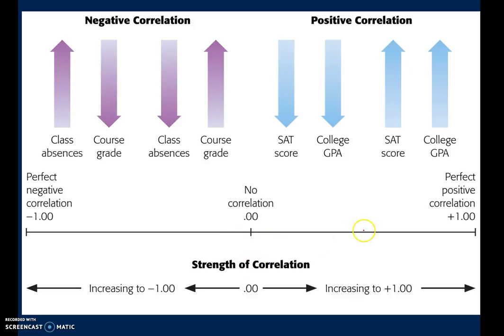If we were to look at this number line, positive 0.50 would end up being somewhere in here. The scatter plot for that would look kind of spread out.